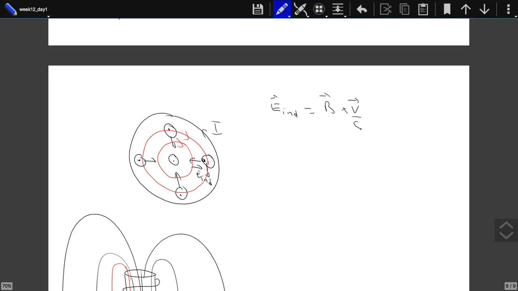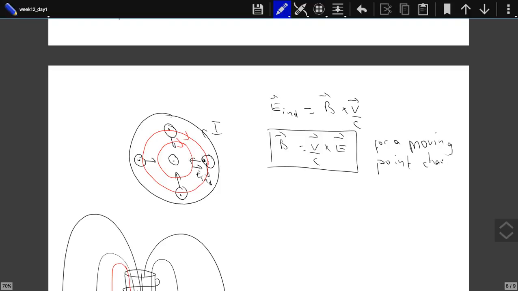For example, for a moving charge, we said that B is equal to V over C cross E. Let's calculate V cross E induced.